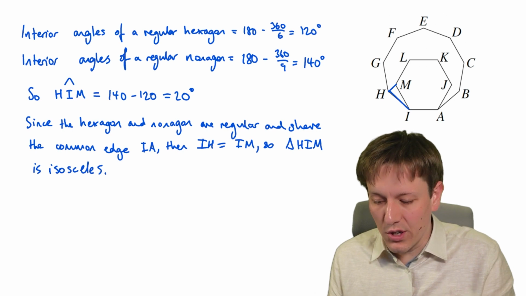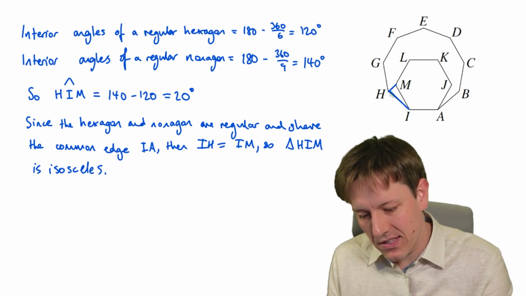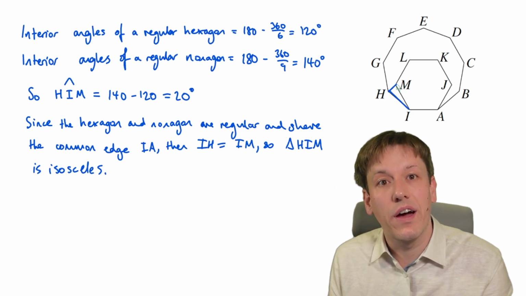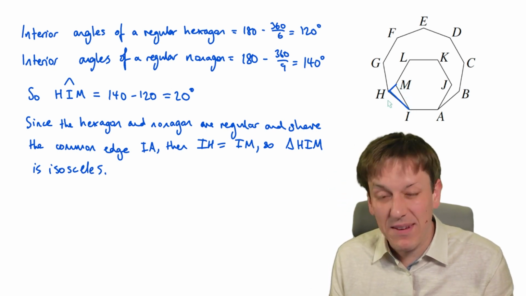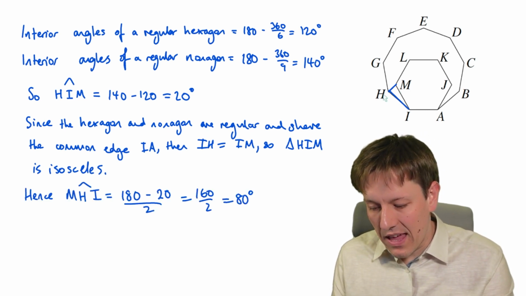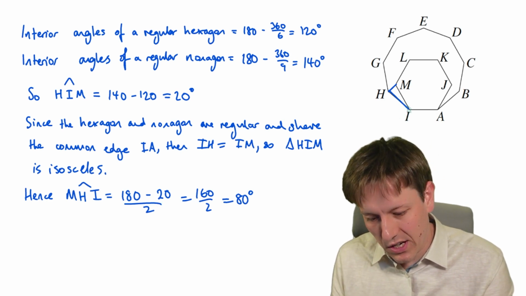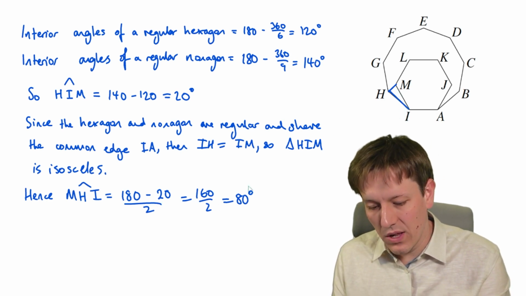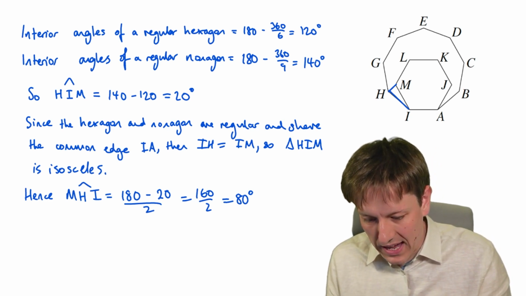Since the hexagon and the nonagon are regular and they share this common edge IA, that means that this length HI and this one IM are equal, and so this triangle HIM is an isosceles triangle. That means the angle MHI then is 180 minus 20 divided by 2. I take off the 20 degree angle I know here and divide it by 2, and that gives me 160 over 2, which is 80 degrees, right?